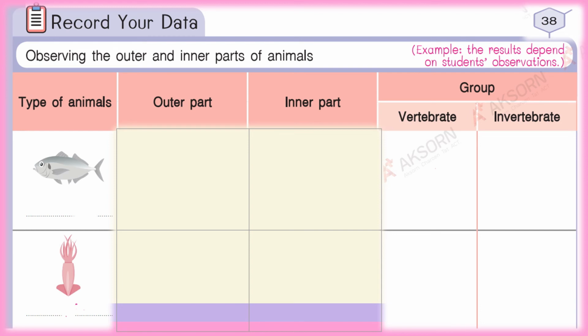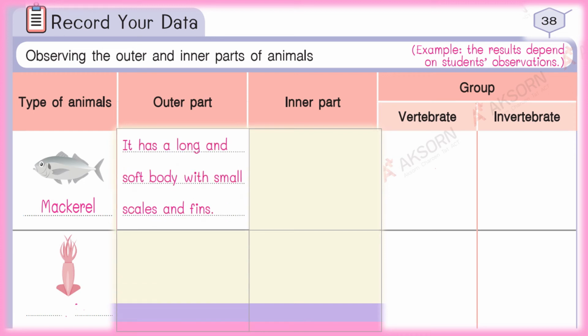Very good. What animal is this? Okay, mackerel. Very good. What is the outer part of mackerel? It has a long and soft body with small scales and fins.